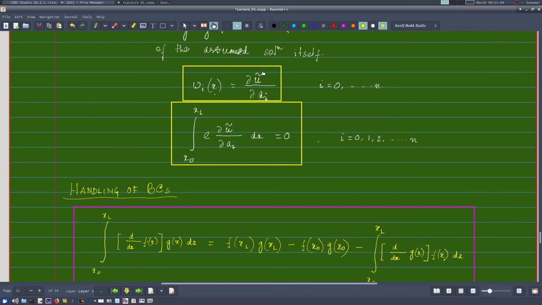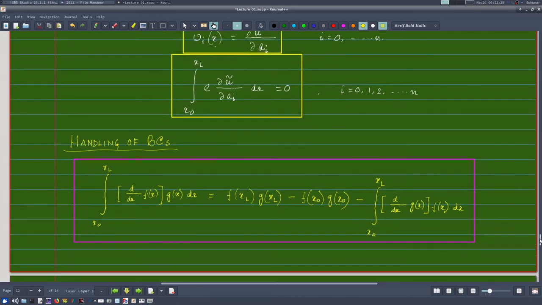Therefore, if I use an admissible solution, then all the partial derivatives, that means the weighing functions corresponding to the location of essential boundary conditions, must be 0. Okay?